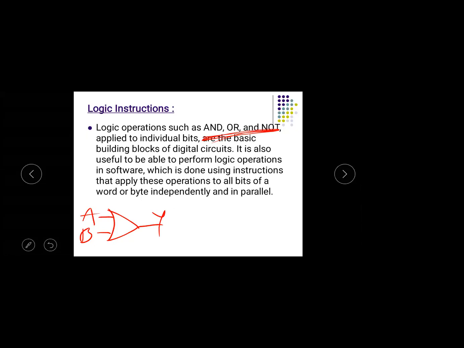Similarly, here also there are four combinations: 0 0, 0 1, 1 0, and 1 1. The output is 0, 1, 1, and for 1 1 also 1. The OR gate output is 1 if either A or B, that is, if any input is 1, the output is 1.